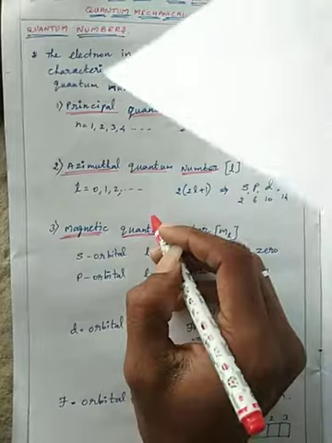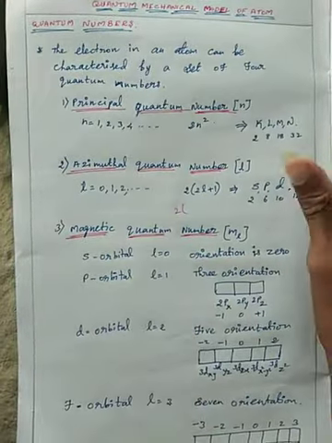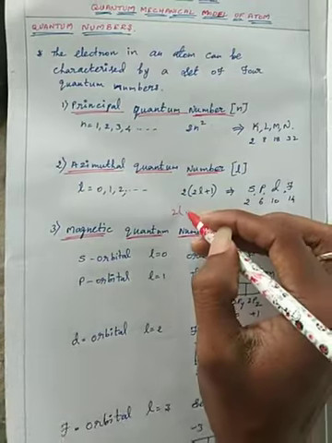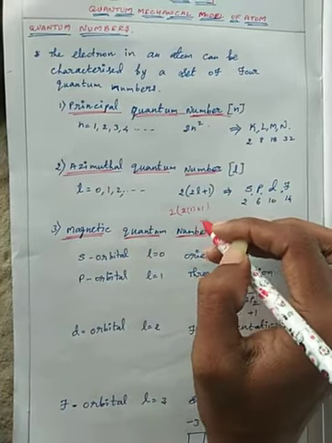For example, 2 into (2 times 1 plus 1) gives 6 electrons.